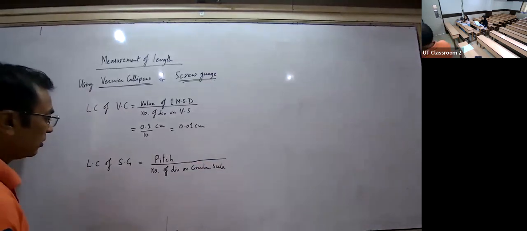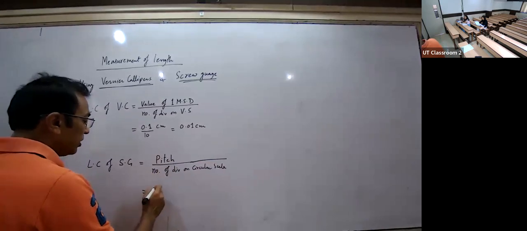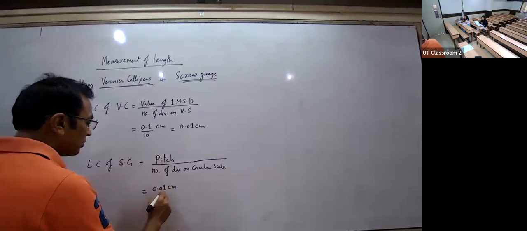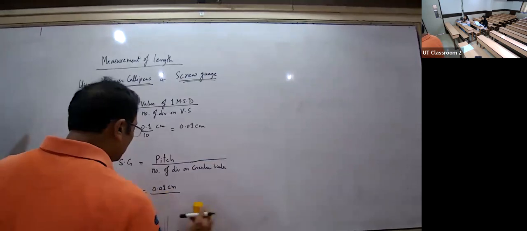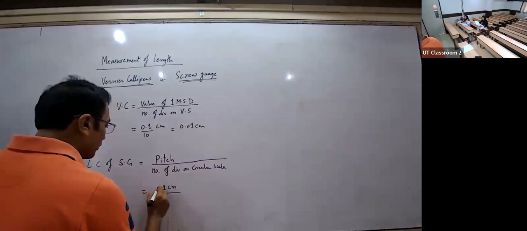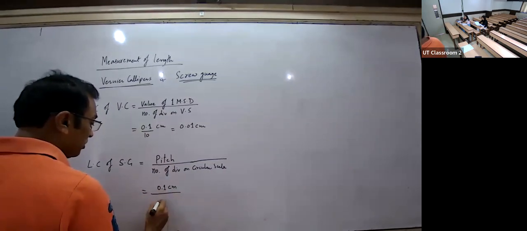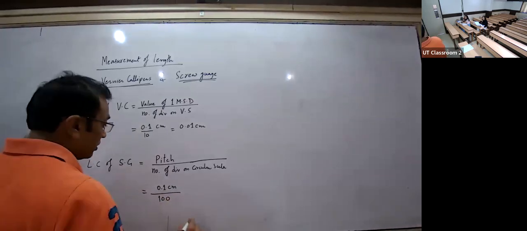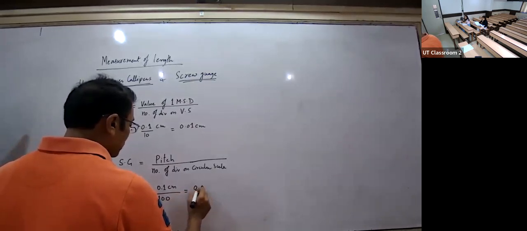Now, the pitch is the distance on one turn of the circular scale, 1 millimeter, that is 0.1 centimeter. This is divided by, generally on a circular scale, 100 divisions. So this gives 0.001 centimeter.